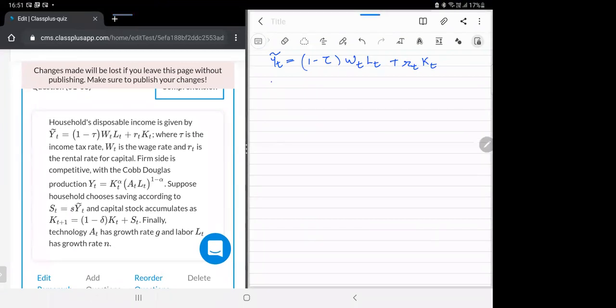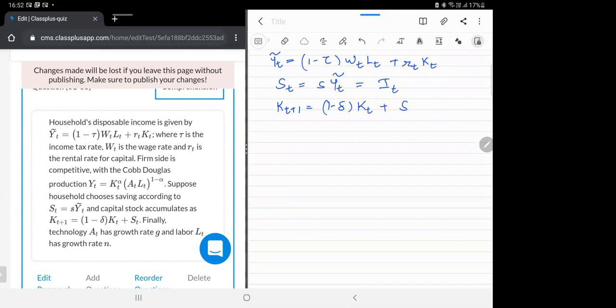Okay. Anyway, let's do this, and maybe I'll share the recording with her. So we have this as our income. Then savings is equal to some fraction s of my income, which also becomes investment in time period T. So capital in time period T plus 1 is the capital remaining after depreciation plus the new investment which happens.